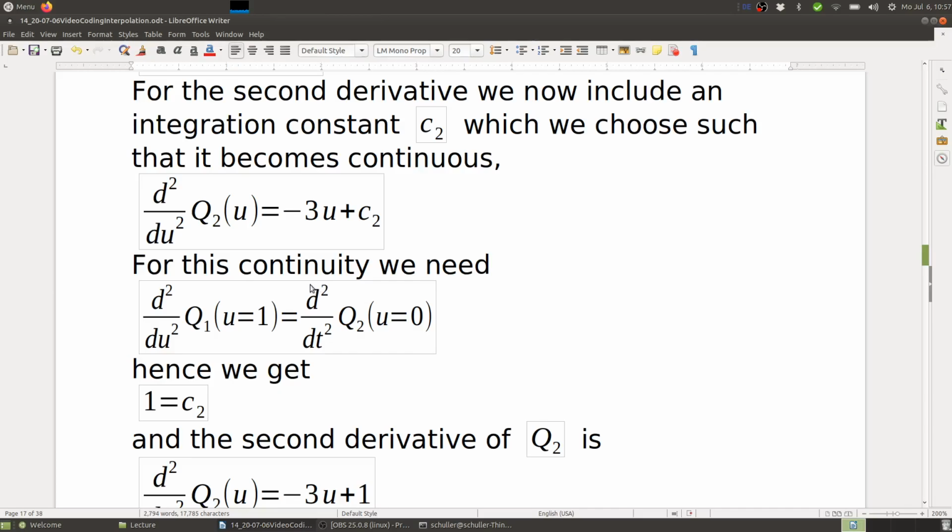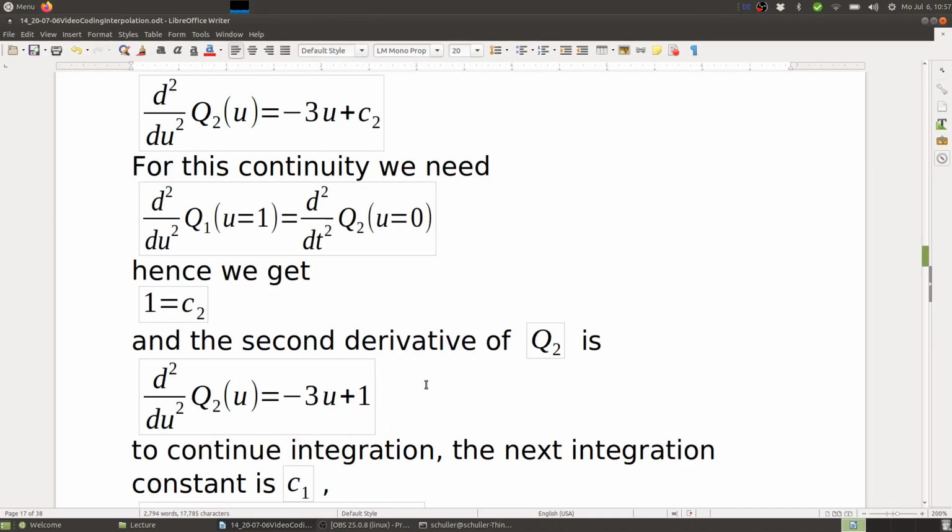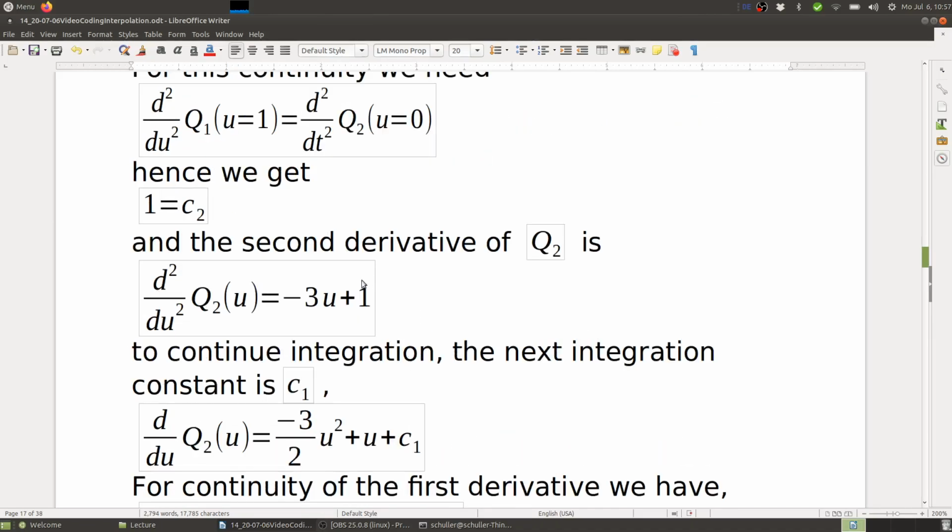And we know the second derivative of Q2 at the point u equals 0. So if you have u equals 0, then this disappears, and we just keep C2. So we know 1 equals C2. So that's also easy enough. We have this integration constant, and this gives us our polynomial Q2, the second derivative of it.